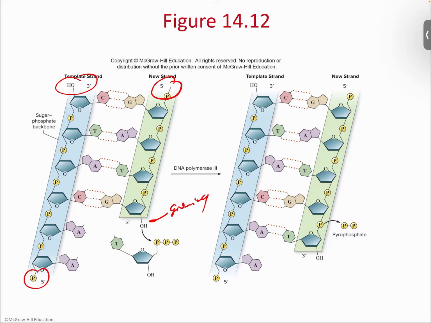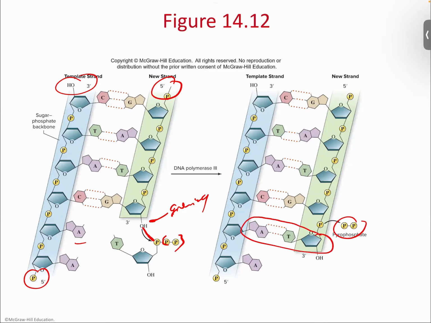In this particular case, since adenines are complementary to thymines, you're going to bring in a thymine base pair. You're going to remove these two phosphates here. That's going to leave what's called pyrophosphate. And then you're going to form your bond between that new phosphate and your 3' OH. That basically locks in your new base pair.